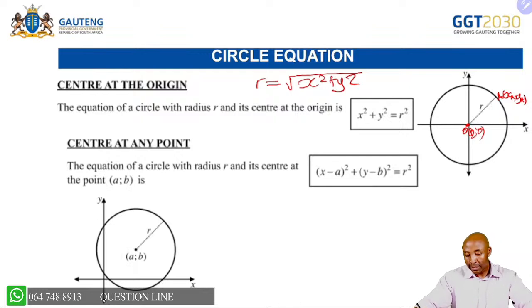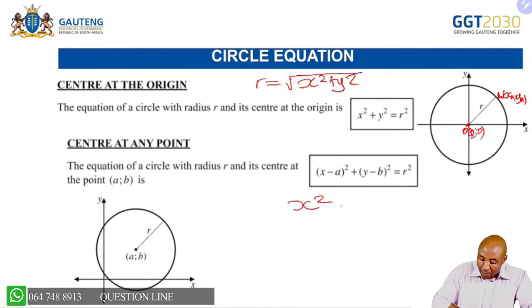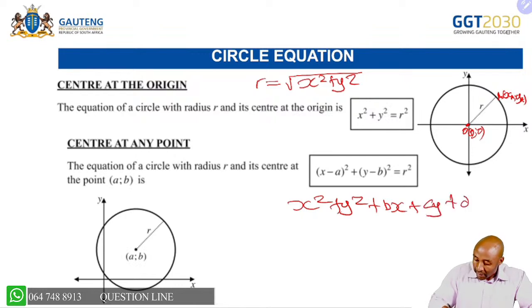But in some instances, you will find out that the equation is given in the form x squared plus y squared plus bx plus cy plus d equals 0, like that.